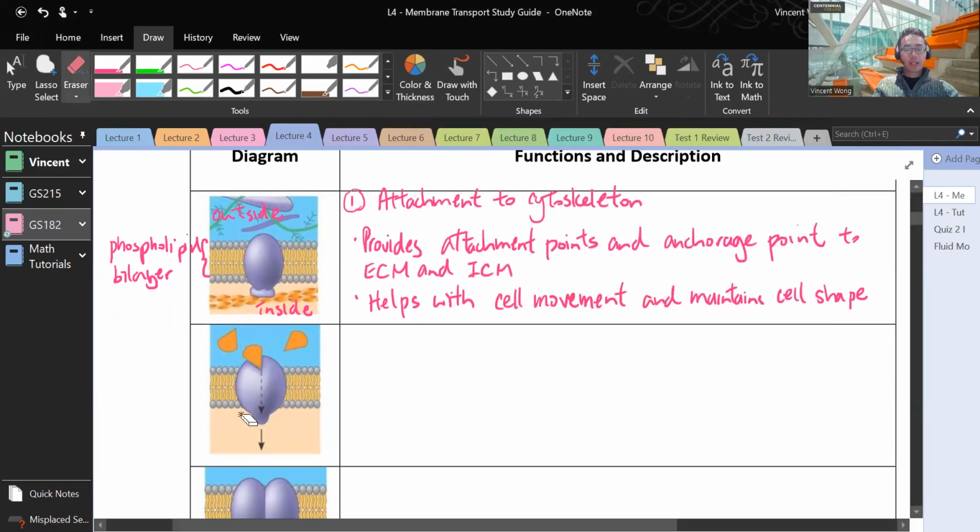The second function here, again, this is the inside and this is the outside, and these things are signaling molecules, such as a hormone. So this is going to be cell signaling.